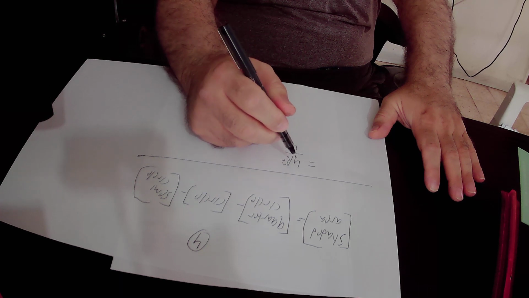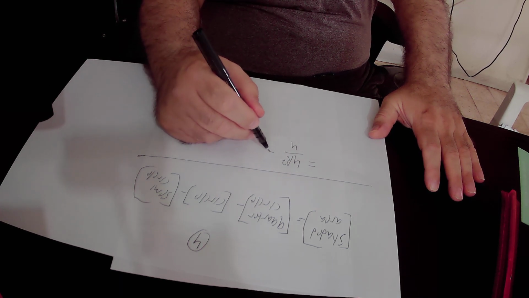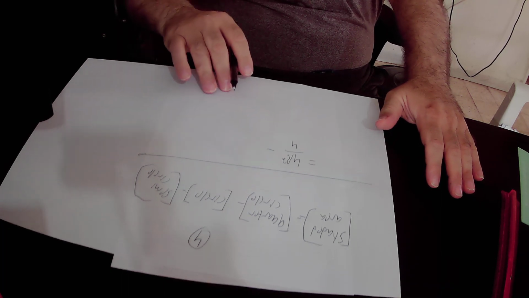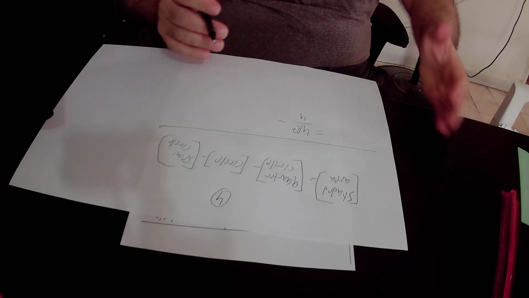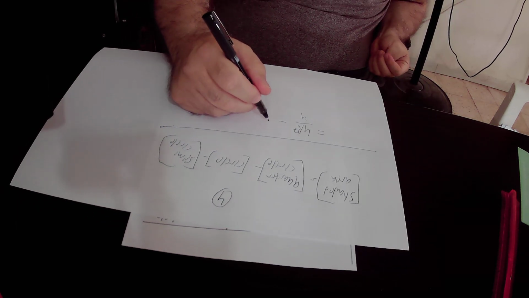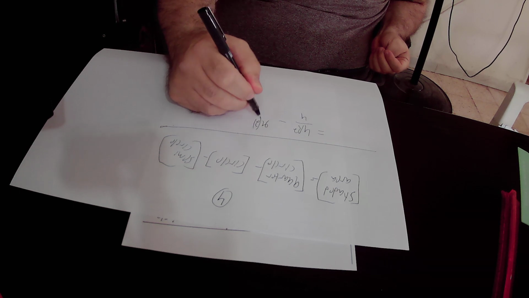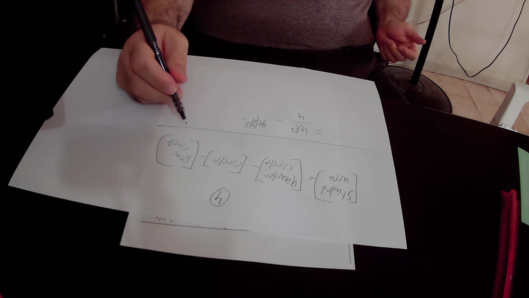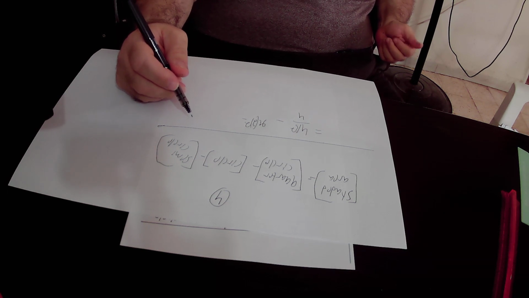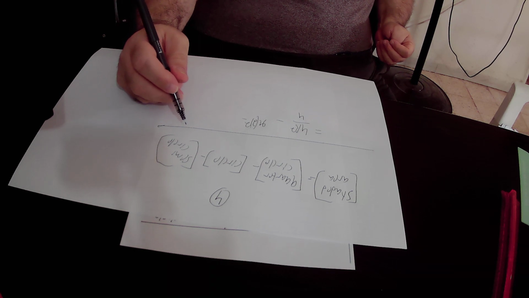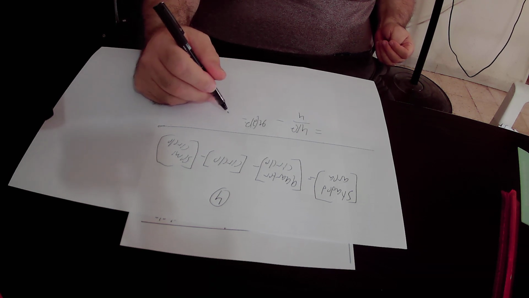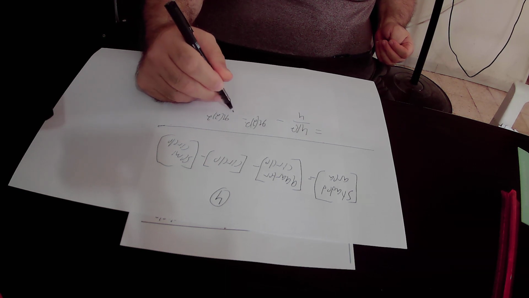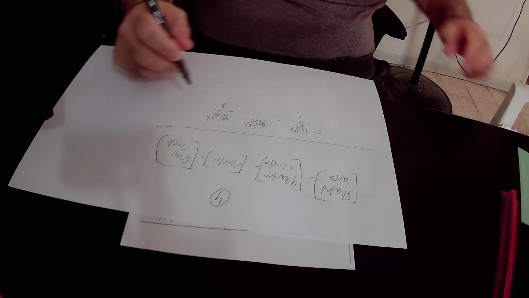It is the area of the circle over 4, minus the area of the circle, that is pi r squared, and r equals 2, so it is pi 2 squared, minus the area of the semicircle, that is equal to the area of the circle over 2. And r equals 2, and the area of the circle is pi 2 squared, and then we divide it by 2, we get the area of the semicircle.